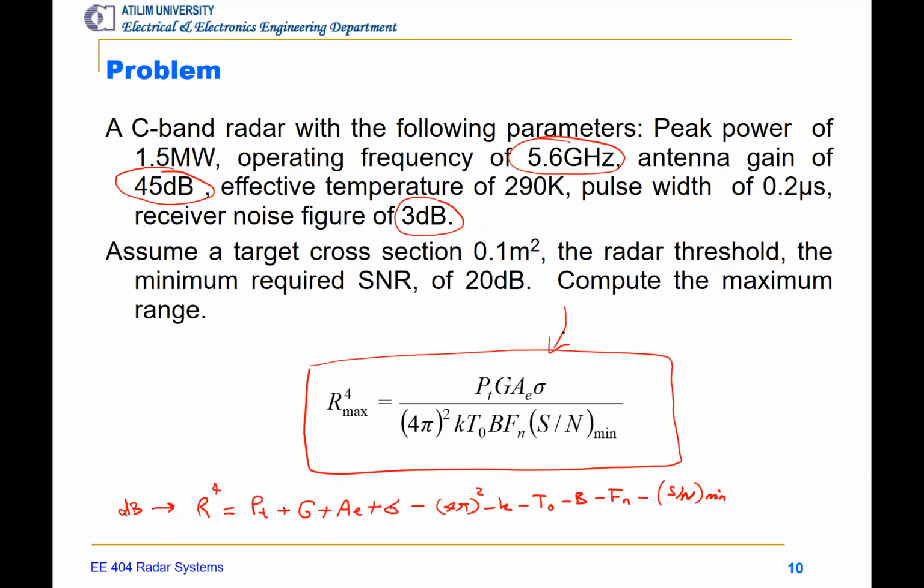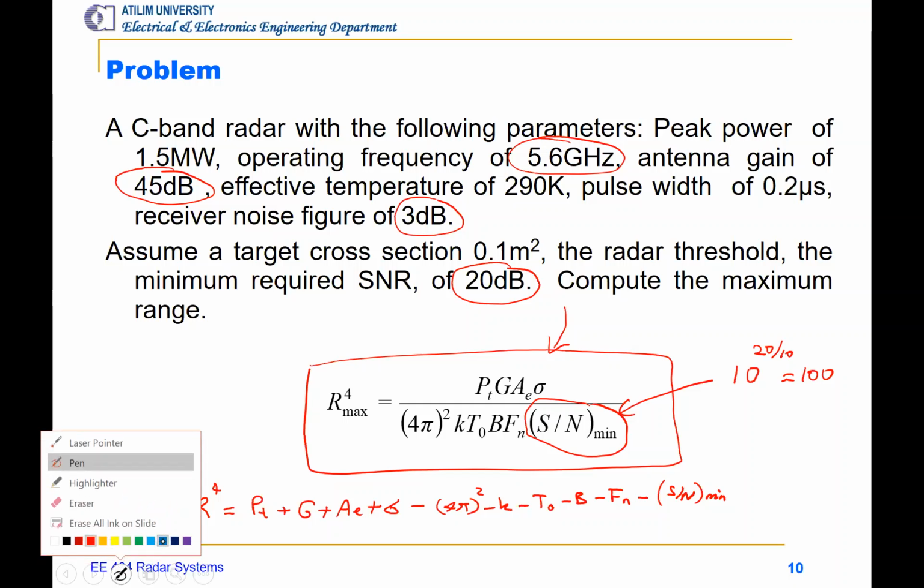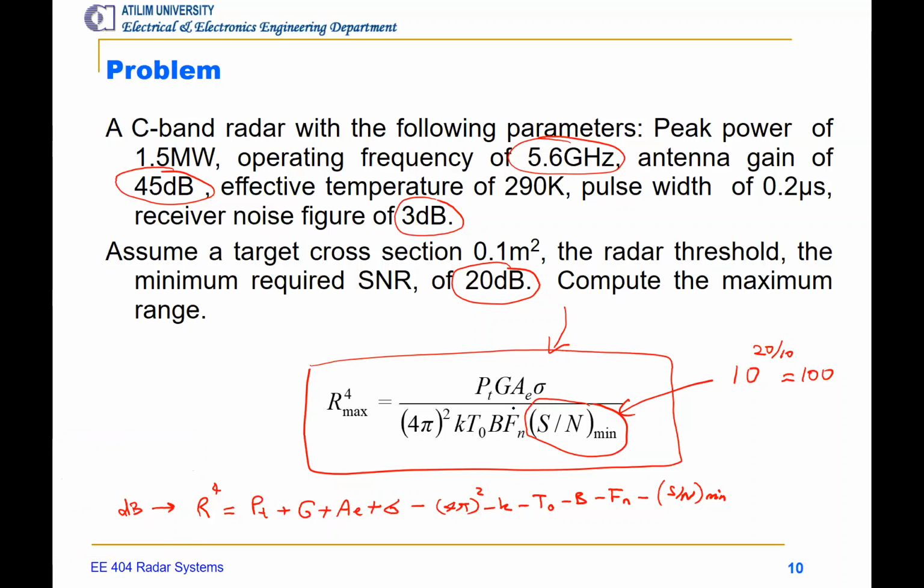For example, SNR is 20 dB. 20 dB SNR means 10 to the 20 divided by 10, which is 100. So I have to insert here 100. Similarly, if the noise figure is 3 dB, 3 dB means 10 to the power 3 over 10, which is 10 to the power 0.3.